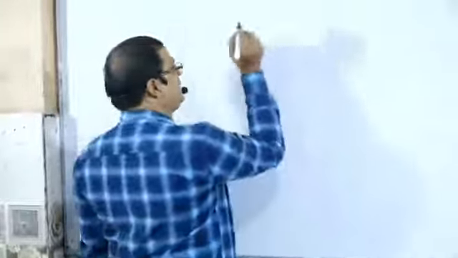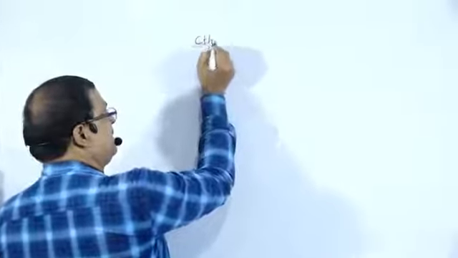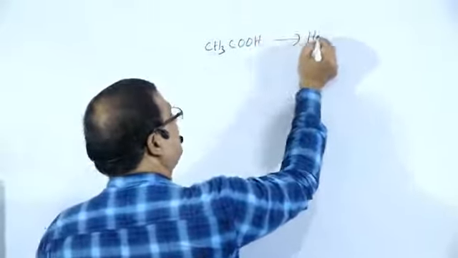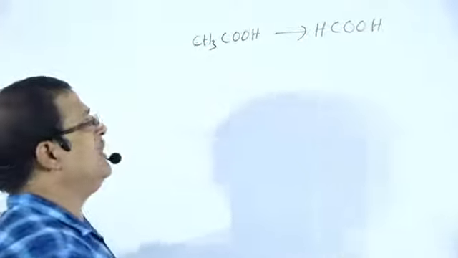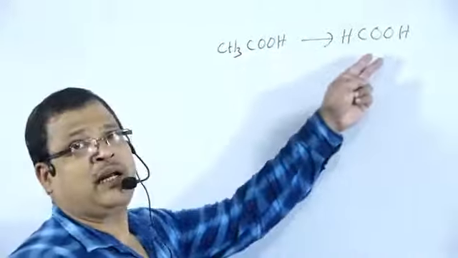How to convert acetic acid to formic acid and formic acid to acetic acid. For example, acetic acid CH3COOH is converted to formic acid HCOOH. How is this conversion done? Just mark it, there is a decrease of a carbon atom.